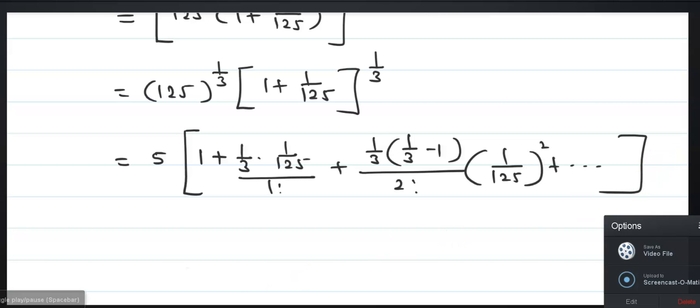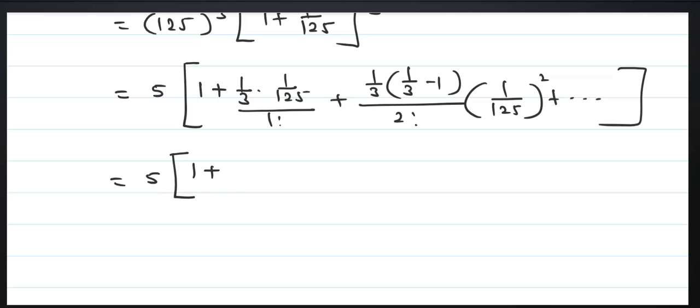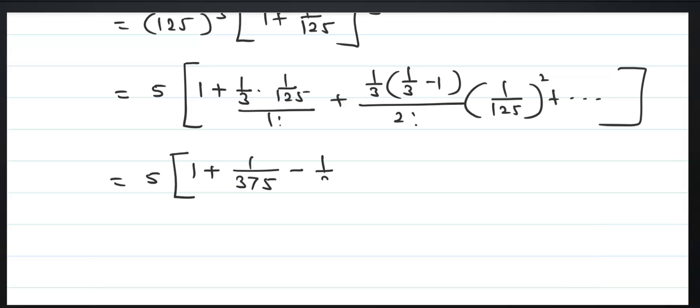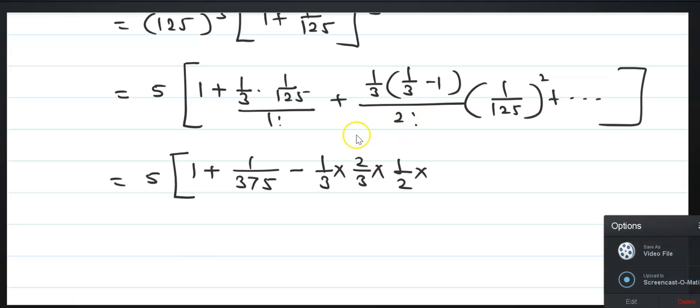Now the next is 1 plus 1 upon 375, minus 1 by 3 into 2 by 3. This is the simplification. Overall we will have the minus sign. Minus 1 by 3 into 2 by 3 into this divided by 2 factorial means 1 upon 2 into 125 bracket square.